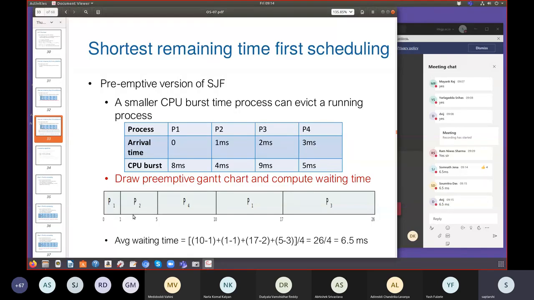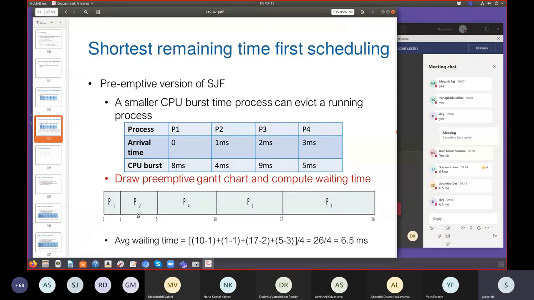Now remember, at time t equal to 2, P3 comes in. But then the kernel sees that for the current running process P2, 4 milliseconds are left, whereas P3 has come with a CPU burst of 9 milliseconds.